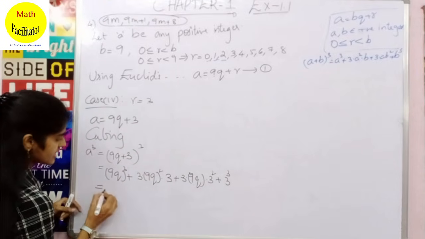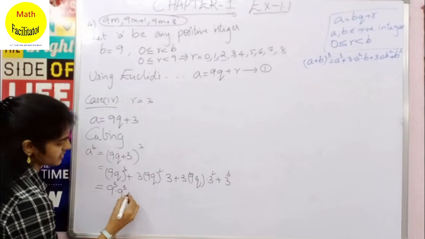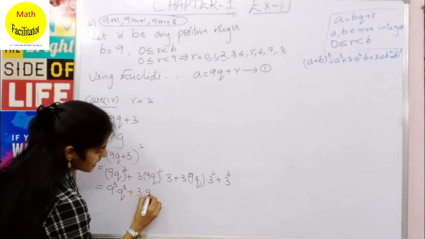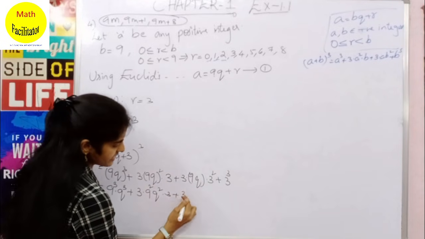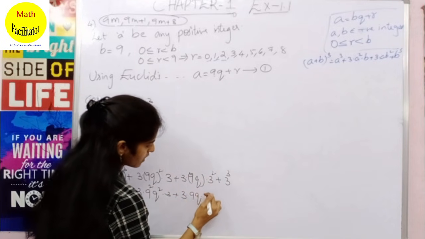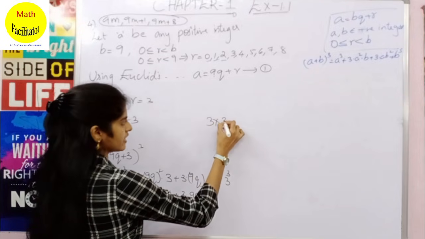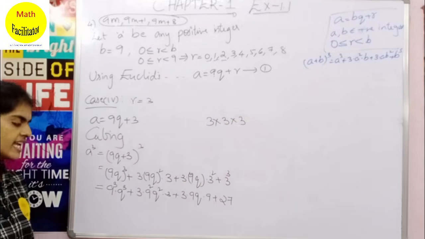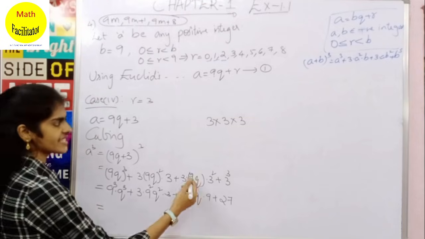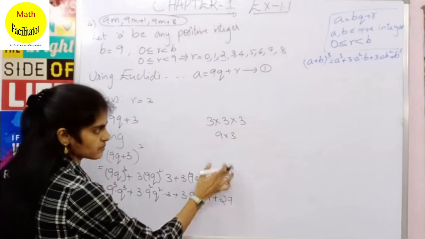So this is nothing but 9 cube q cube, I am just separating the powers, plus 3 multiplied by 9 square q square multiplied by 3 you have, plus 3 multiplied by 9q and 3 square is 9, plus 3 cube. 3 cube is 3 into 3 into 3, it is 27. Clear? So now 27 is nothing but 9 threes are.